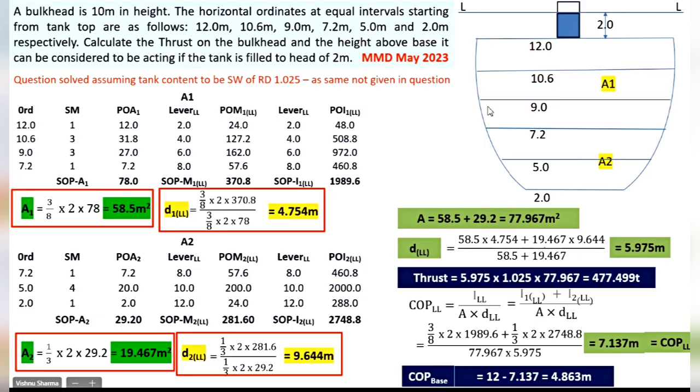When we are taking these ordinates and taking Simpson multipliers, how will we know that this is for water level or for bulkhead? You told that we will see where the ordinates will terminate. Well, that was for which case? So there was this one vertical ordinate. Is it a case of a vertical ordinate that was displayed?